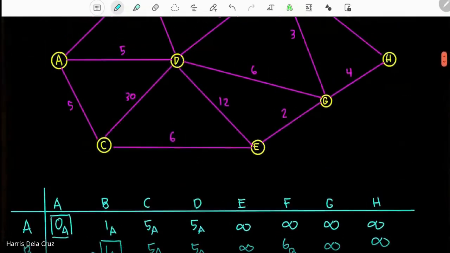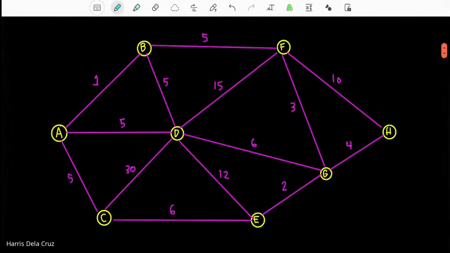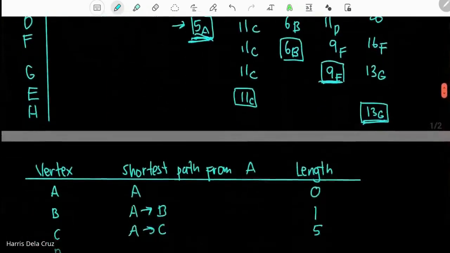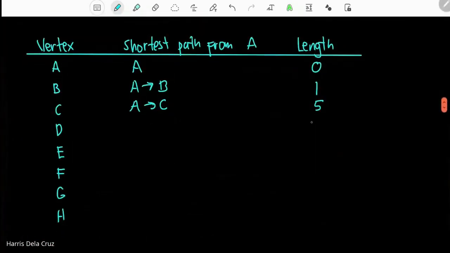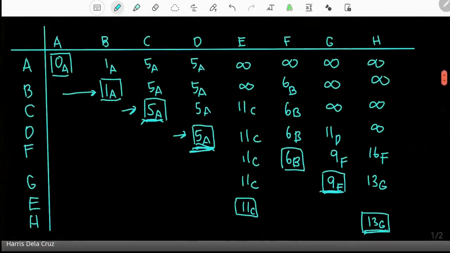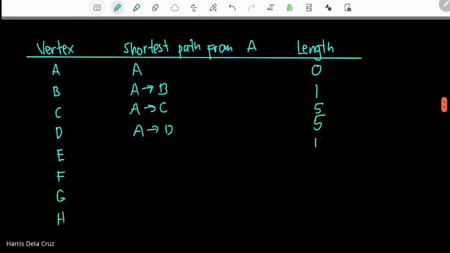As you can see on our graph, these are the shortest paths from A to B, from A to D, and from A to C. So for D, that's of length 5 coming from A. For E, we have 11 sub C. Meaning, to get the shortest path from A to E, you must come from C, with a length of 11.